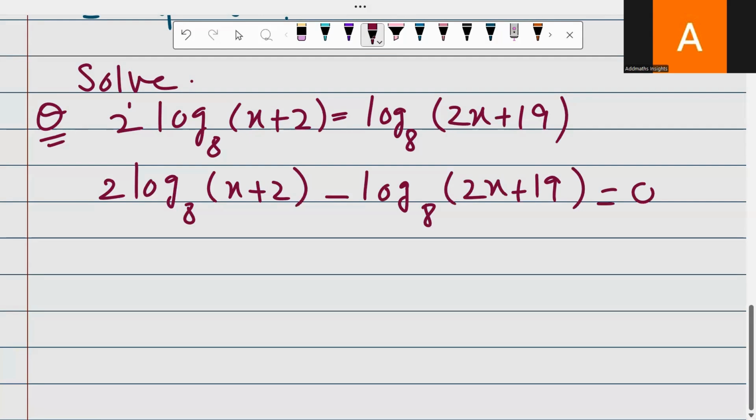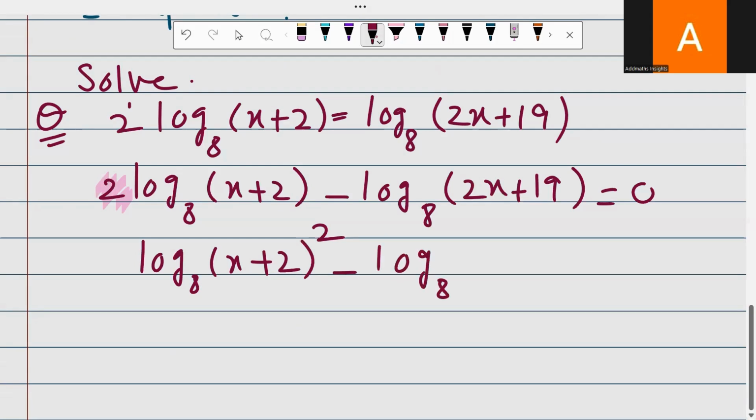This is the first step. Now you see the coefficient 2 is there, so you can apply the converse of the power law and raise x plus 2 to the power 2.